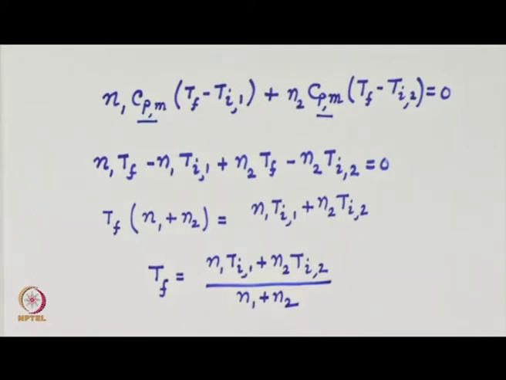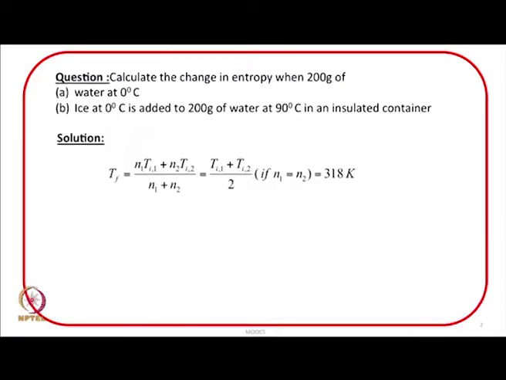Now, let us go to the slide. This is the formula: Tf is equal to N1 Ti1 plus N2 Ti2 over N1 plus N2. This is the formula that we just derived. Now, if you mix equal amounts, for example, in the given question, you are adding 200 gram to 200 grams.